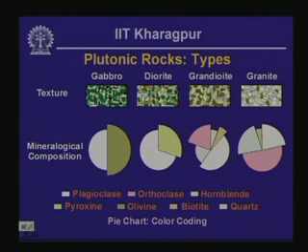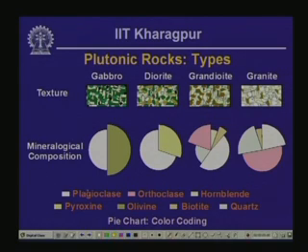You try to notice the difference between the previous slide for volcanic rock. Here we are looking, instead of the chemical composition, at the mineralogical composition of the rock mass.